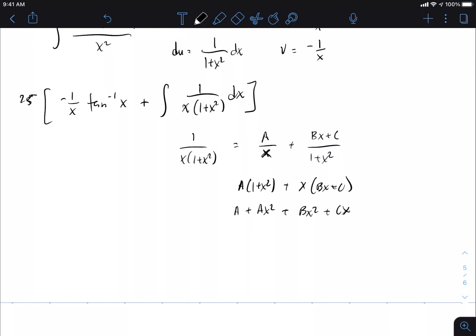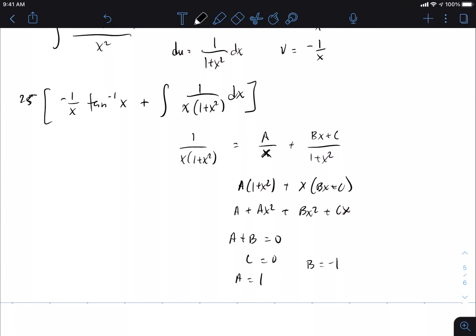Yeah, it looks right. Actually, let me do it this way, because if I don't, it may confuse all of you. I'm going to get a plus b is equal to 0, c is equal to 0, and a is equal to 1. Agreed? So I know a and c, and b has to be -1.